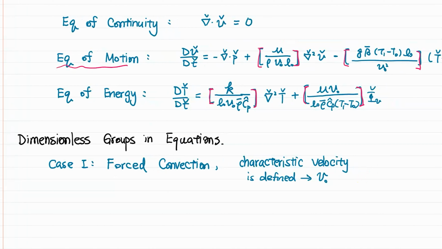The first one in the equation of motion would be mu over rho V0 L0. This is actually 1 over the Reynolds number.